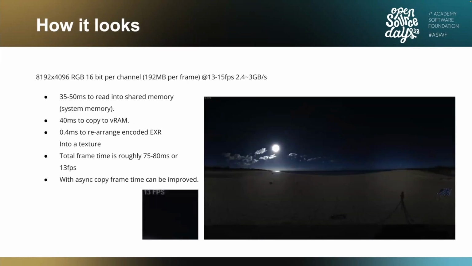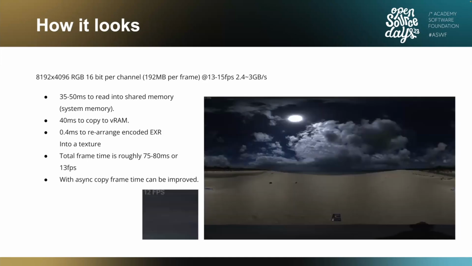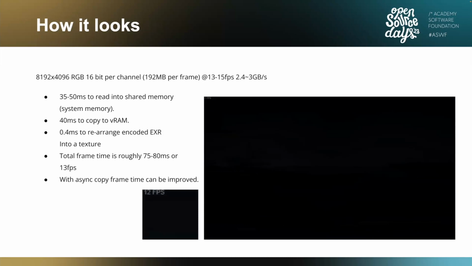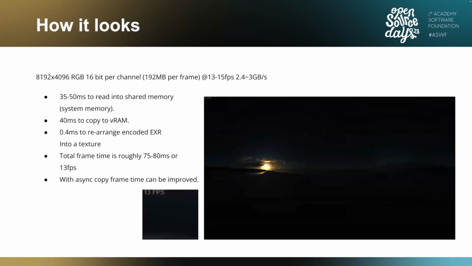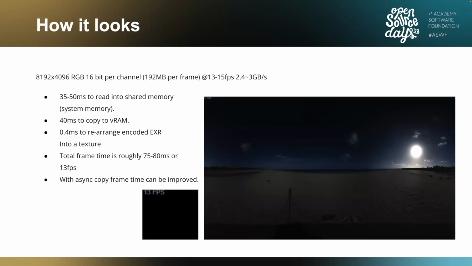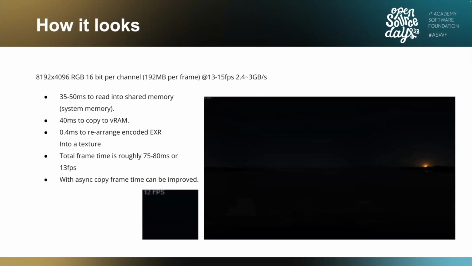So this is how it looks in the prototype. This prototype implements the reading system almost exactly how it is in Unreal, without the synchronous copy. What you see here takes roughly 13 frames per second, which is a terrible frame rate.